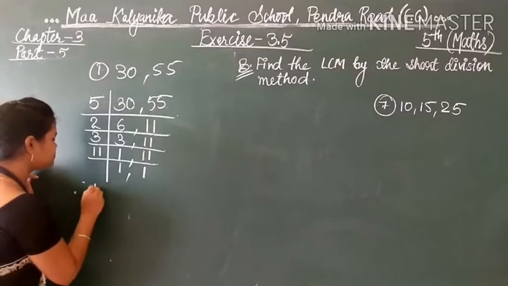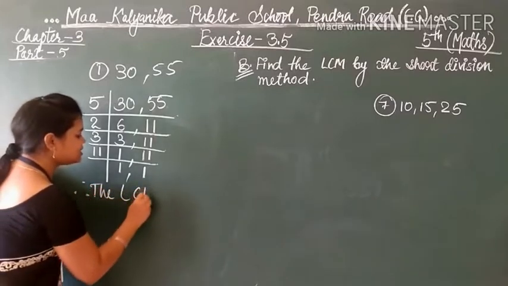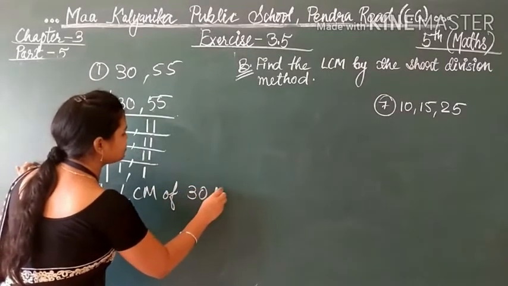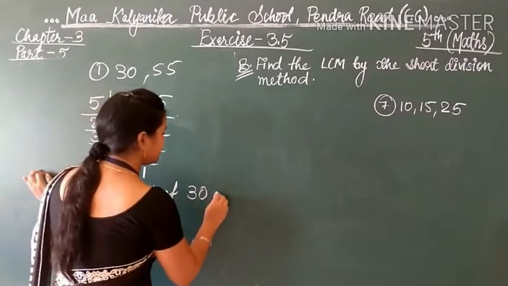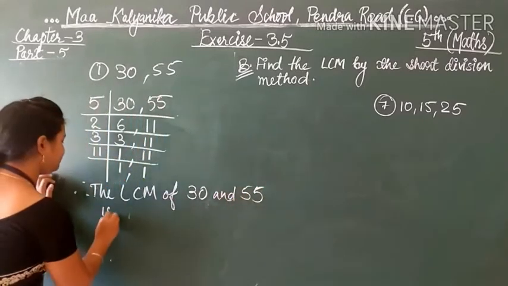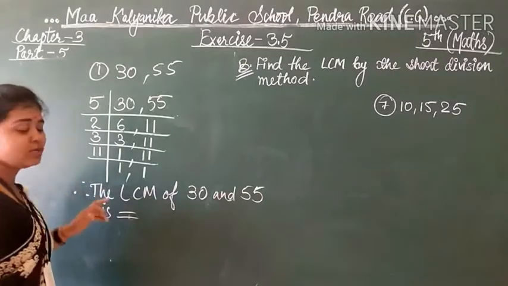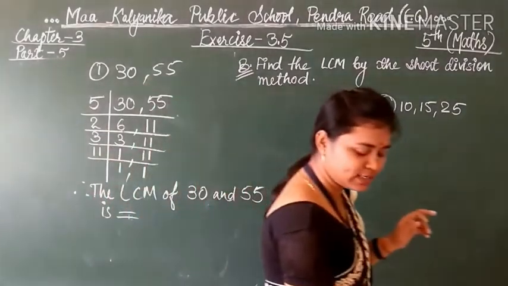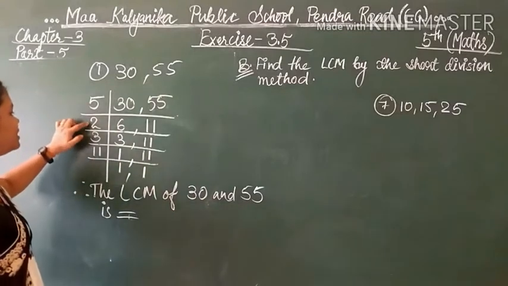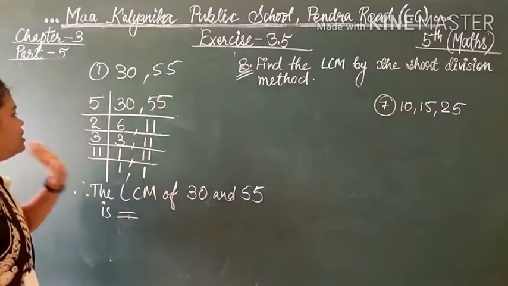Therefore, the LCM of 30 and 55 is equal to. So how do we find the LCM, students? See here carefully now. Simply you have to multiply all these numbers.